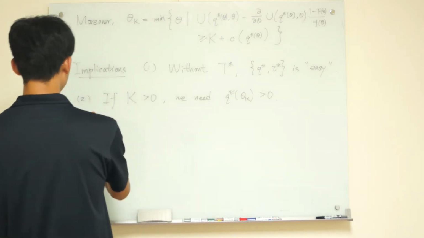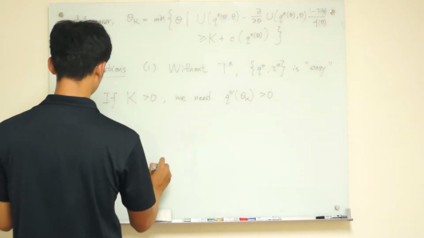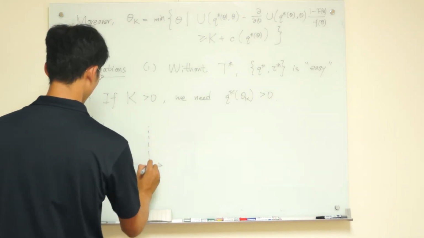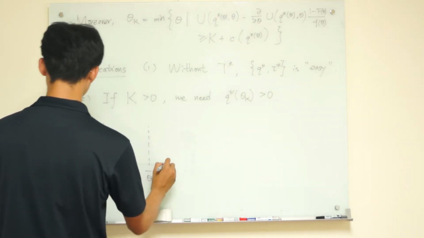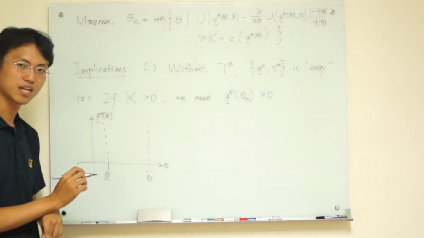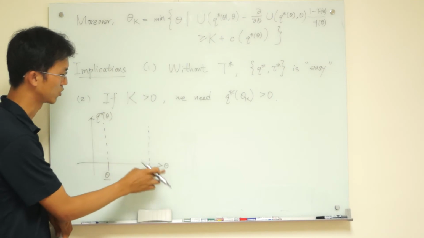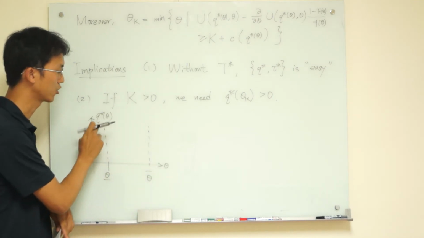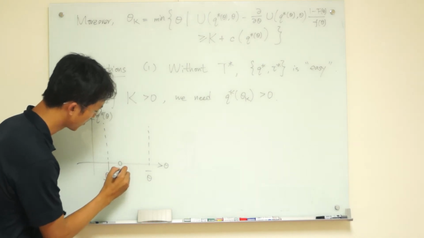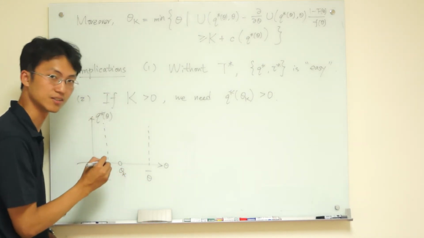Graphically that means the following. Suppose I want to draw the relationship between theta and Q star of theta, the optimal consumption. It depends on where theta k is.